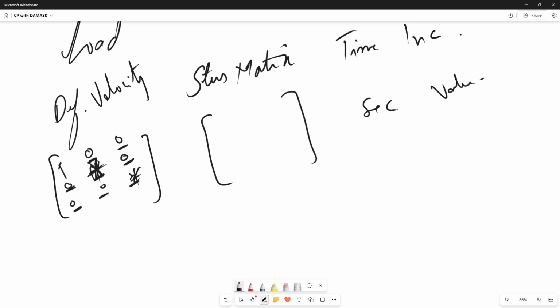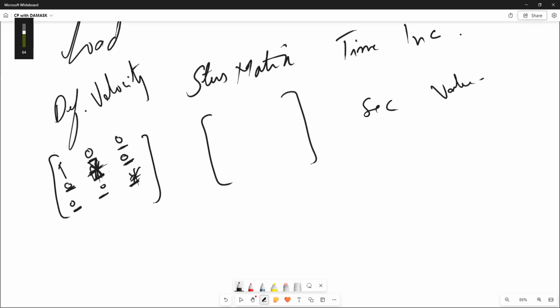How much deformation this is will depend on for how much time this deformation is applied. So if my time is 10 seconds, this deformation will be 1 multiplied by 10. If my time is 1000 seconds, this will be 1 multiplied by 1000. And for stress, whenever I'm controlling something, stress in that direction is to be found out.